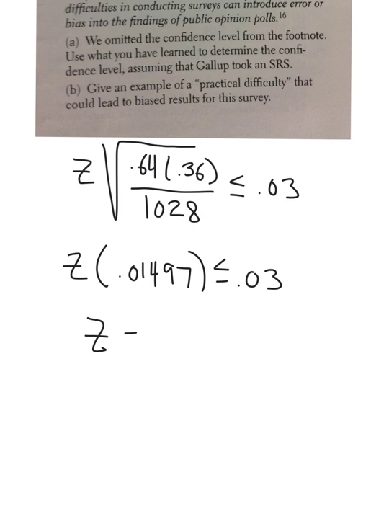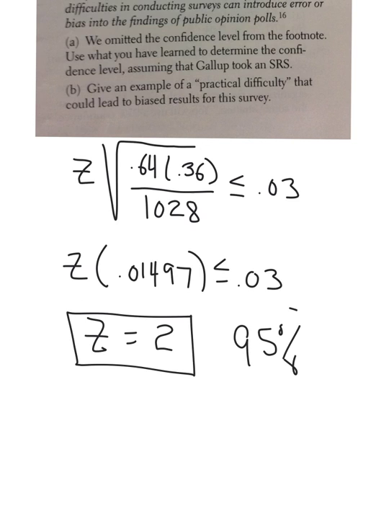Z-score is equal to 2. 2 standard deviations. So pretty close to 95%, wouldn't you think? So I'm going to go with a 95% confidence level. 95%. There you go.